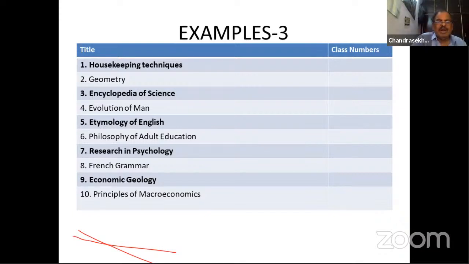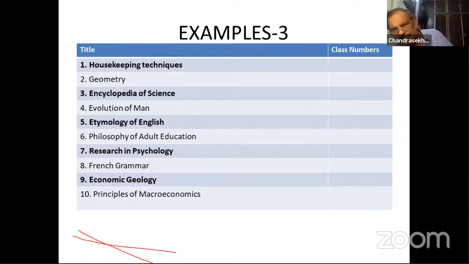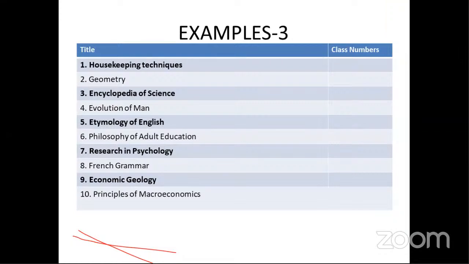So if you can't find it in the third summary, then go to the index. Then geometry. Geometry is a subdivision of mathematics. What is the number of mathematics? 510. Geometry number? 516.